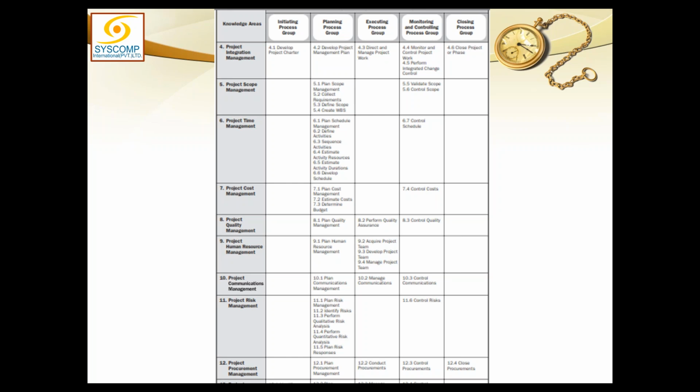Now coming over to the risk, we don't have any process in execution as far as the risk is concerned. Why is it so? Risk has a very unique characteristic. Risk is an uncertainty. It is a probability of something happening.